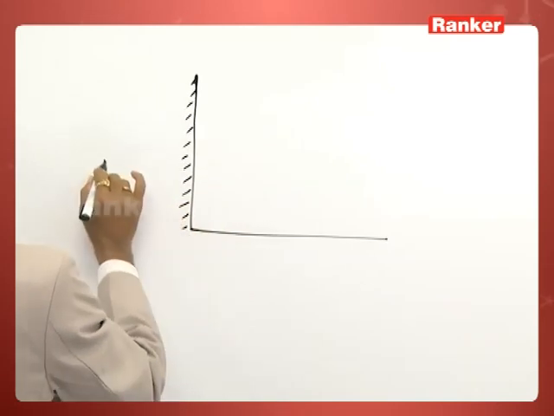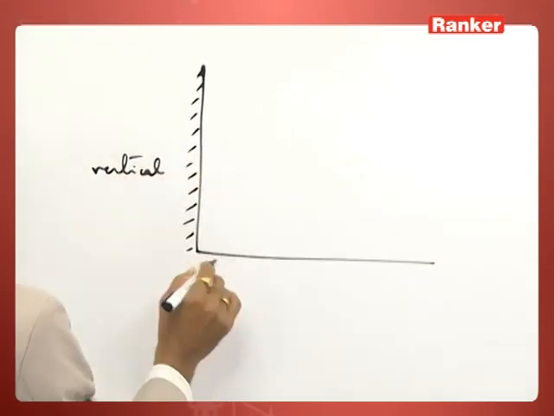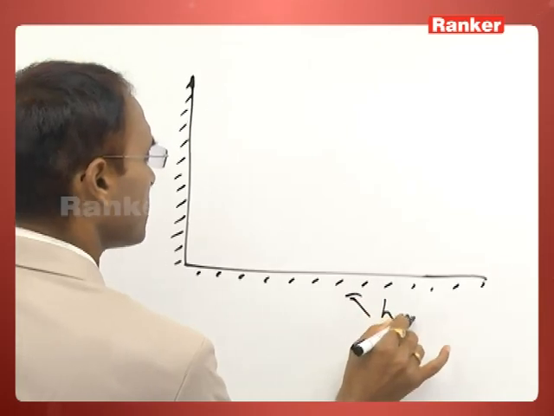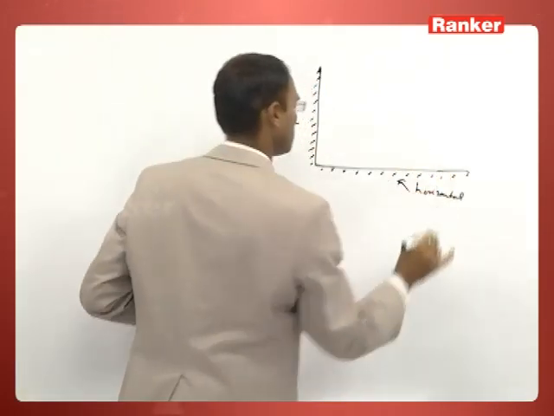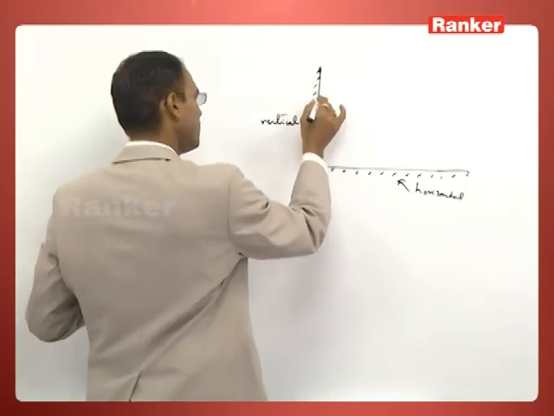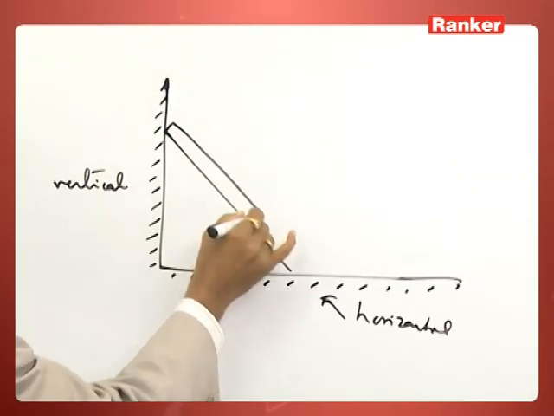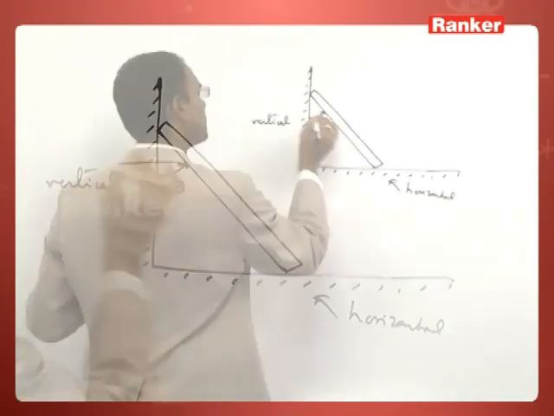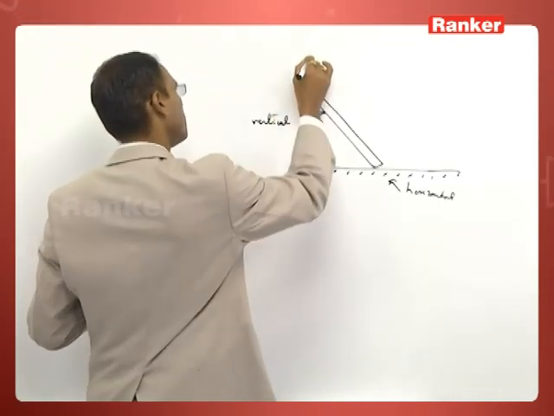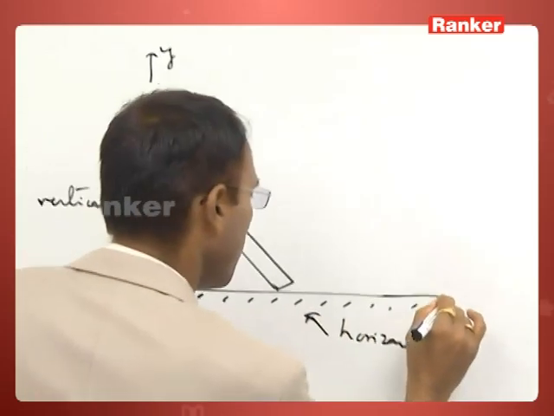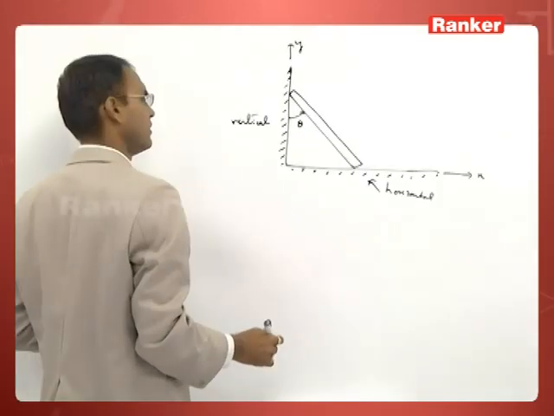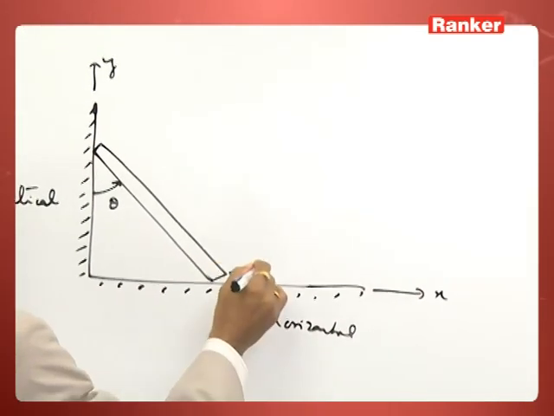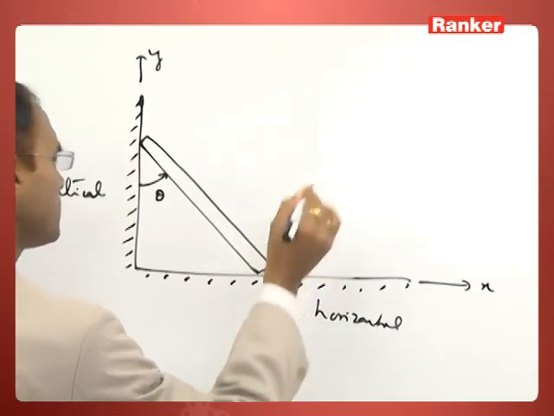One is vertical surface and the other is horizontal surface. Let the rod occupy this position. Let us take an angle with respect to vertical or y direction. If the rod slides in this way, the last point of the rod moves with velocity v.